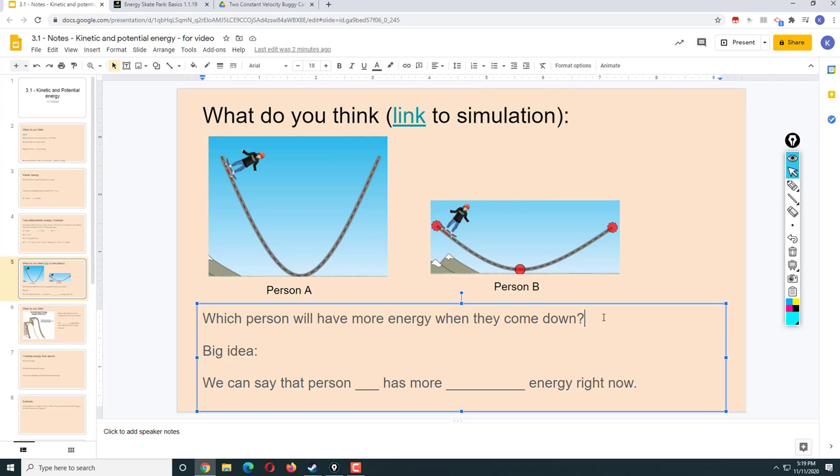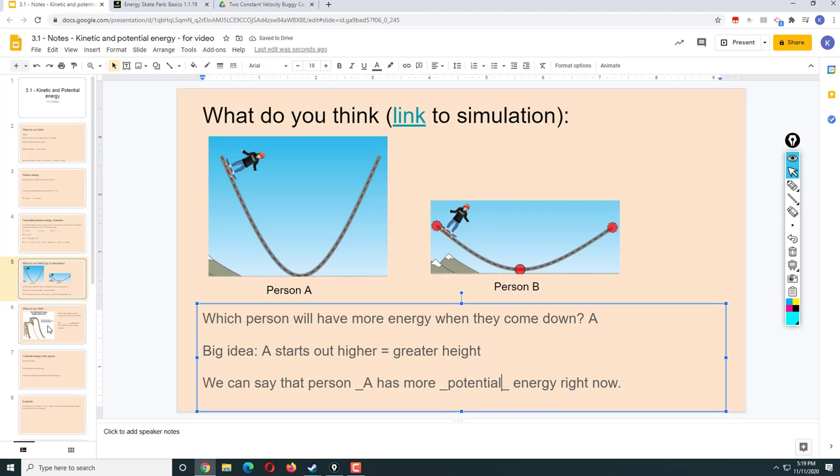It's gotta be A, because A starts out higher. Higher means greater height. So we can say that person A has more potential energy.